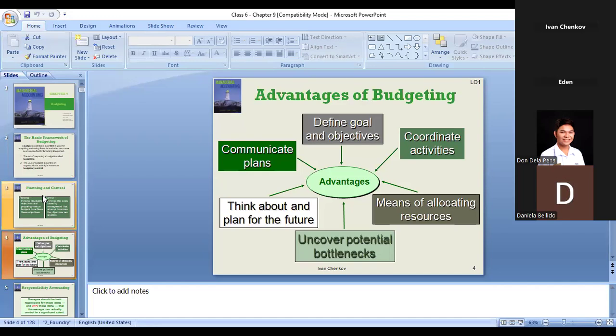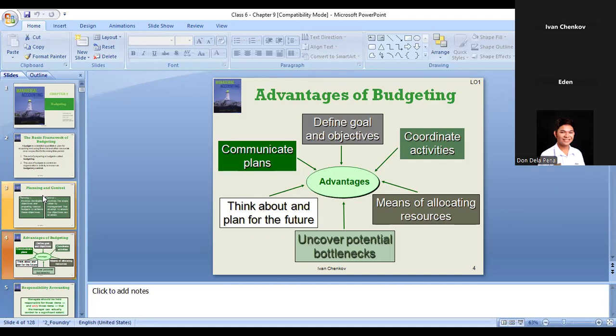The budget is going to help you communicate the entire plan of activities, which at the end is going to bring you to your goal and your objectives. Then the budget is going to help you allocate the resources, not only financial but any other resources, in order to achieve your goal.